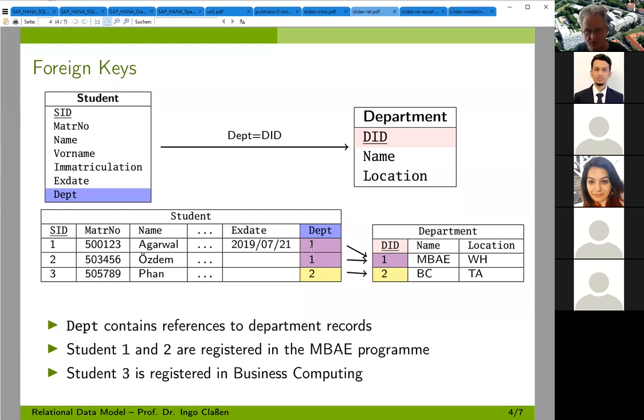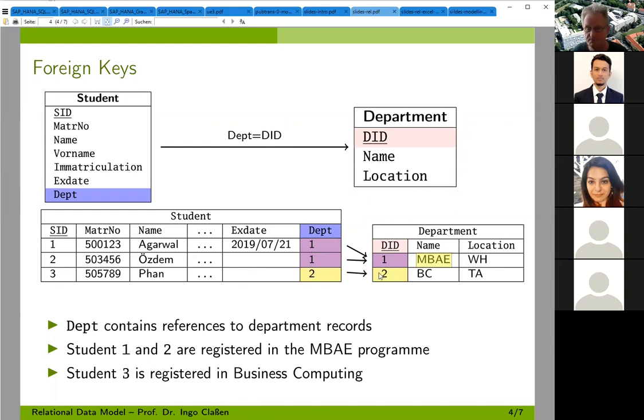The foreign key of record number 1 has the value 1, and the corresponding primary key, number 1 in the department table, refers to the MBE department. So both of them are in the MBE department, and the last one here is in business computing.